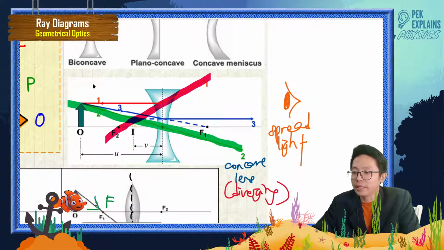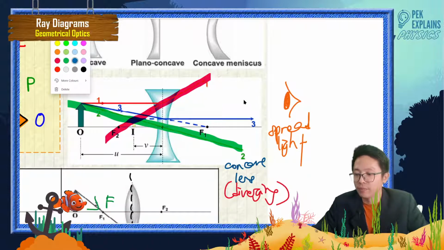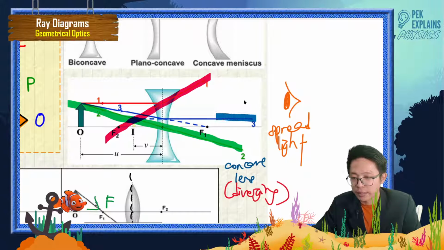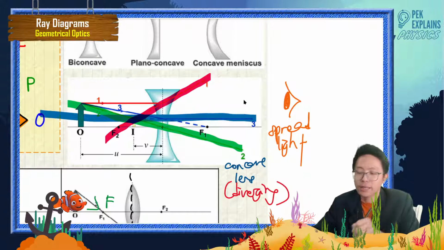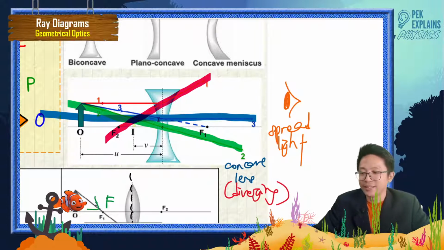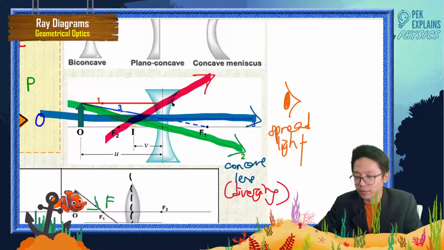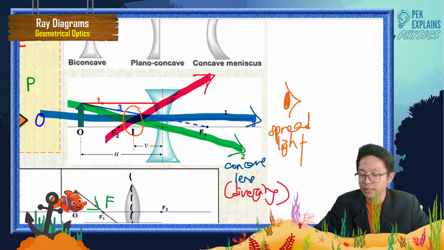And then I think the third ray also comes from a straight line. You can see these three rays, the first, the third, and the second, all come from this point, this intersection point here. So the image is formed here. I see an image here.